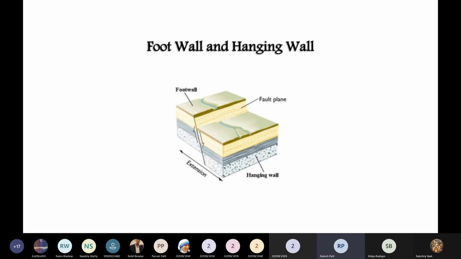Whatever displacement is seen, that is called the fault plane. What you can see in this one, a river is present here. So what happened to the river here? It is broken. Is it clear? Yes, sir. Okay.